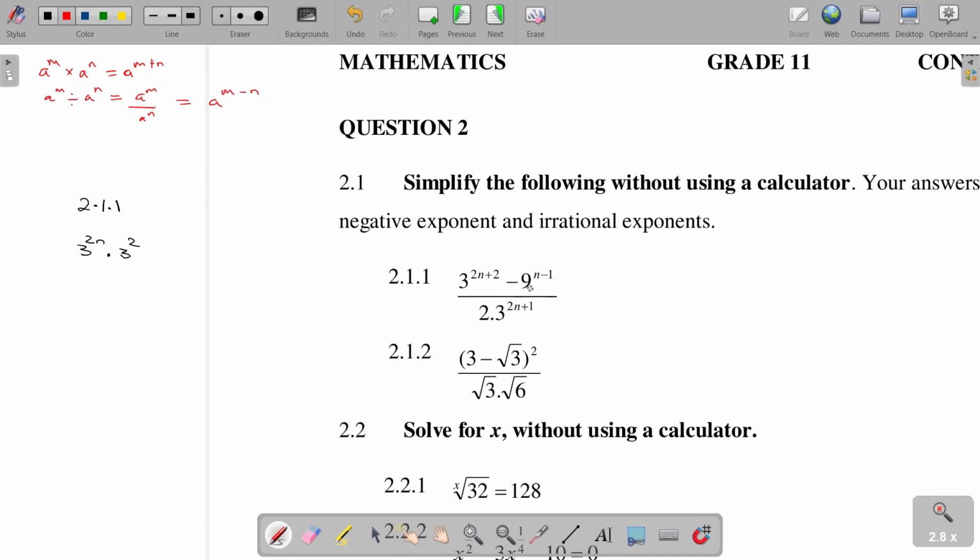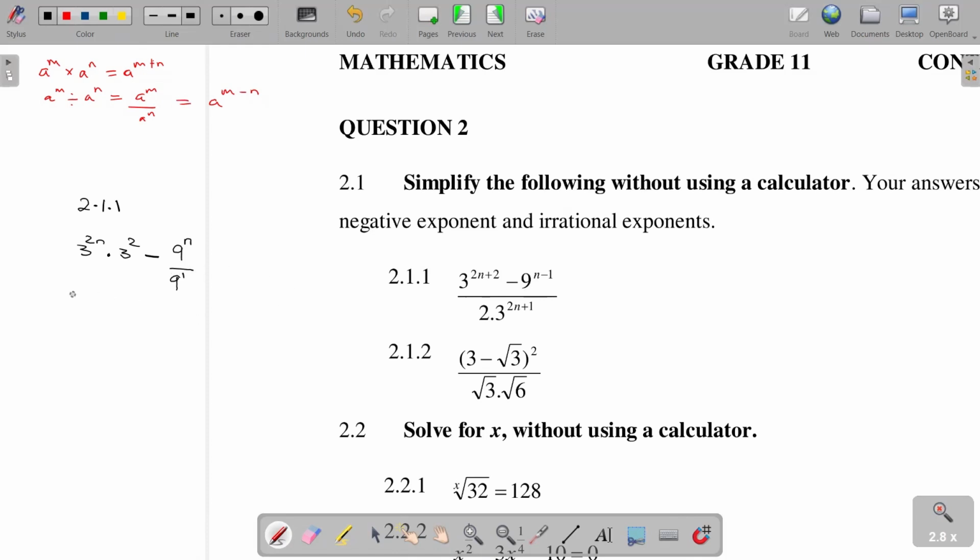So on the next one we come up with 9 minus 9 to the power n divided by 9 to the power 1.